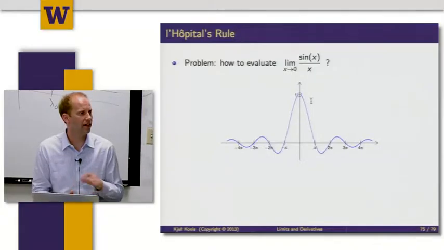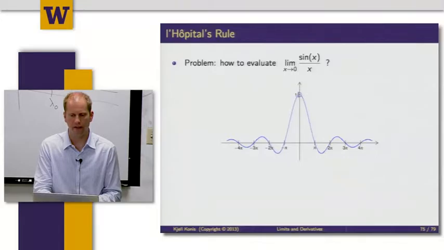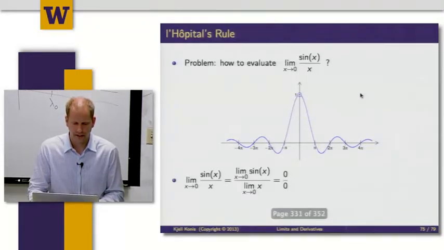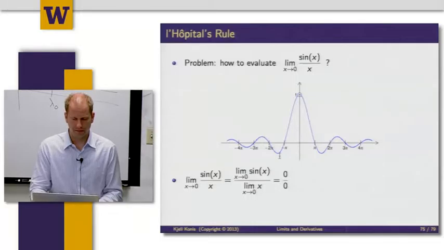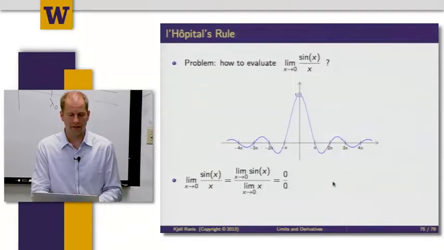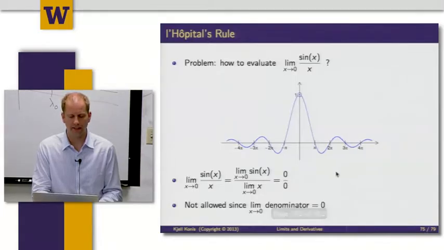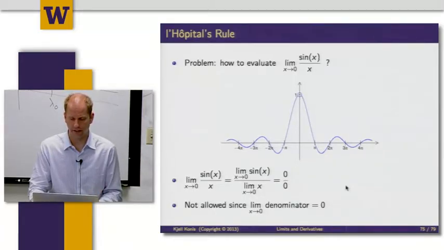So if you wanted to sort of fill in the gap, so I'm missing this one little point right here, there's a very obvious choice of what number you would want to choose to put there. And so this is sort of the problem if I just tried to evaluate it using the rules I already know. But that's not allowed since the denominator is equal to 0.